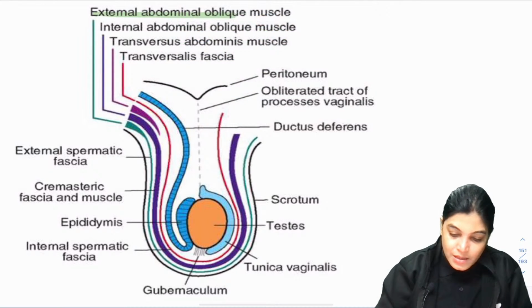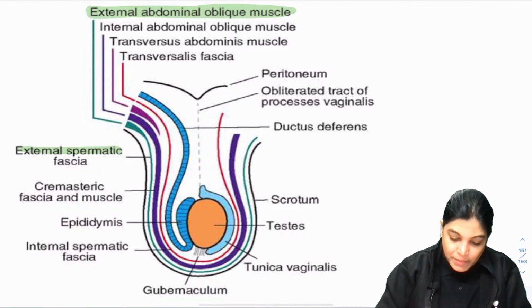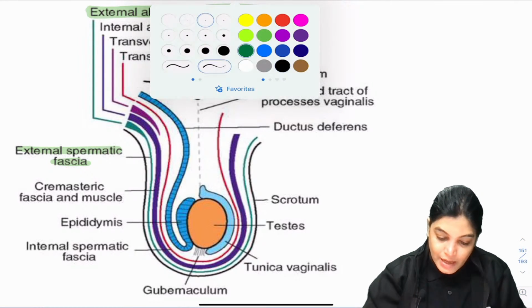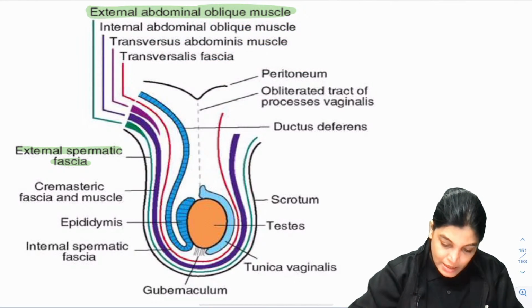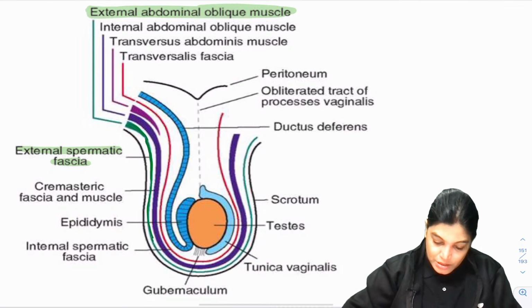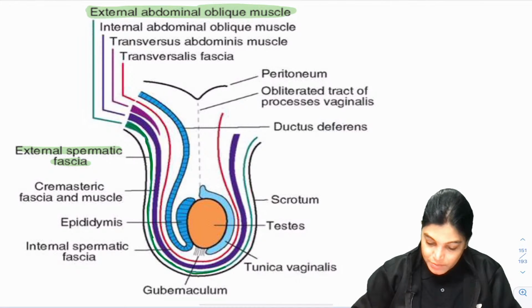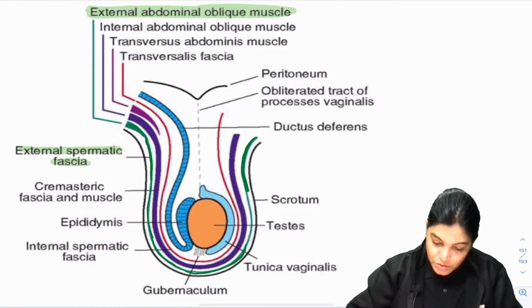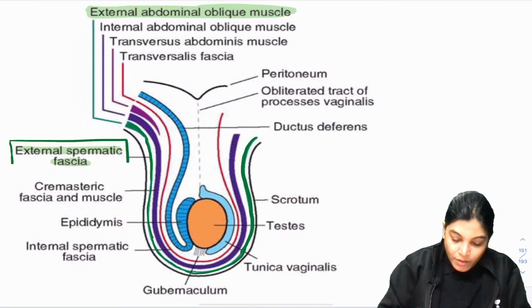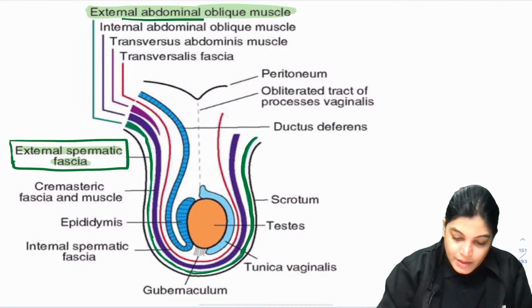So this is the external abdominal oblique muscle. You can see it is forming the external spermatic fascia. Clearly in this diagram it is shown in green, and this extension you are seeing here is derived from the external oblique aponeurosis, forming the external spermatic fascia. So is it clear? I am also showing it with the green color. This is the continuation.